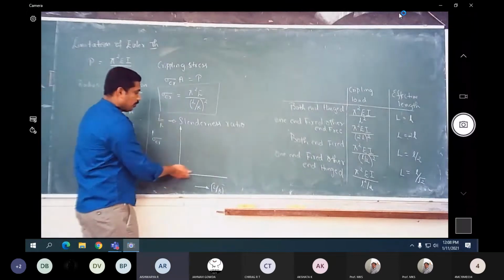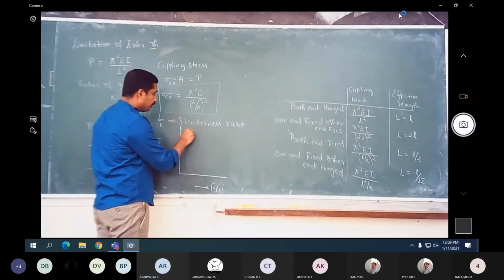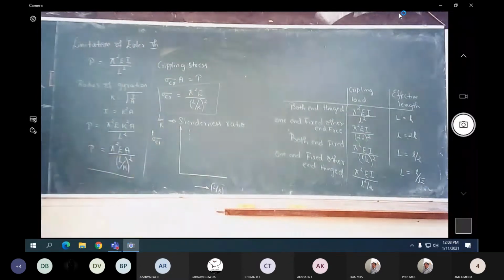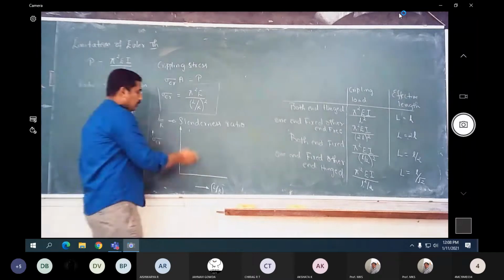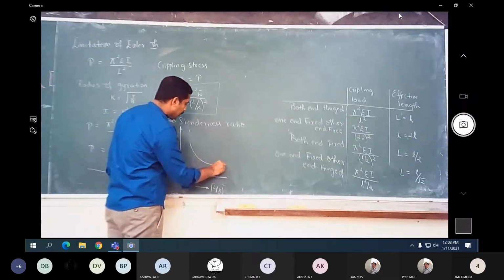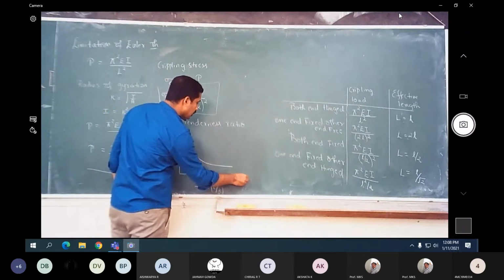What happens if this number goes on? When you plot a graph for this, we get a curve.